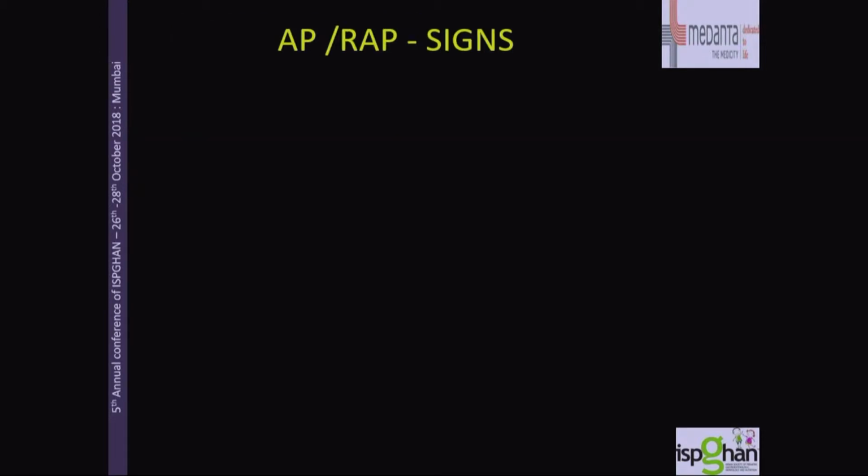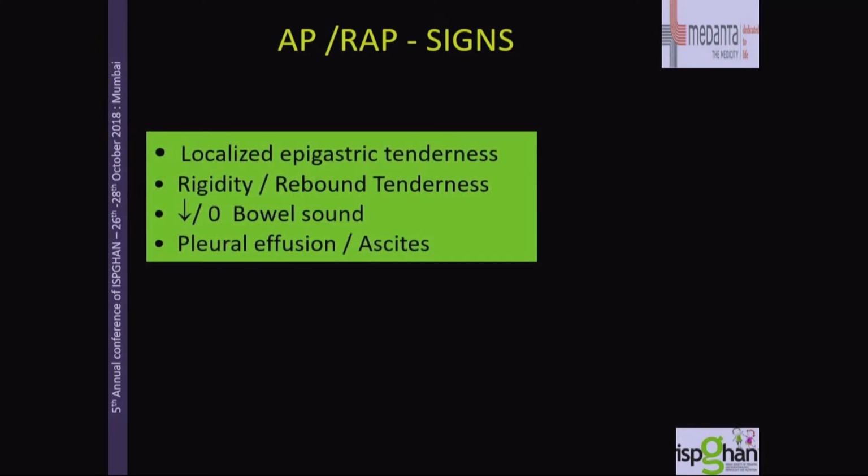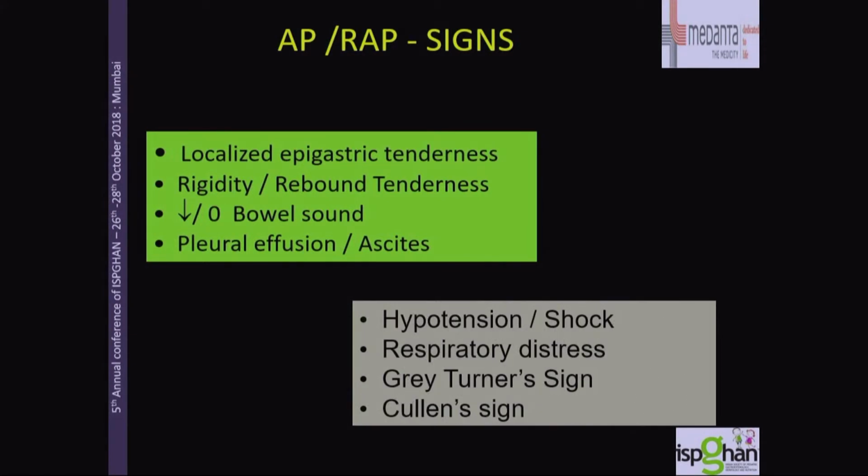Whether acute or recurrent, what signs would you see? You would find localized tenderness in the epigastric region, rigidity, rebound tenderness, and when there is ileus, there could be decreased bowel sounds. Usually because of collections, you might pick up pleural effusion and ascites.